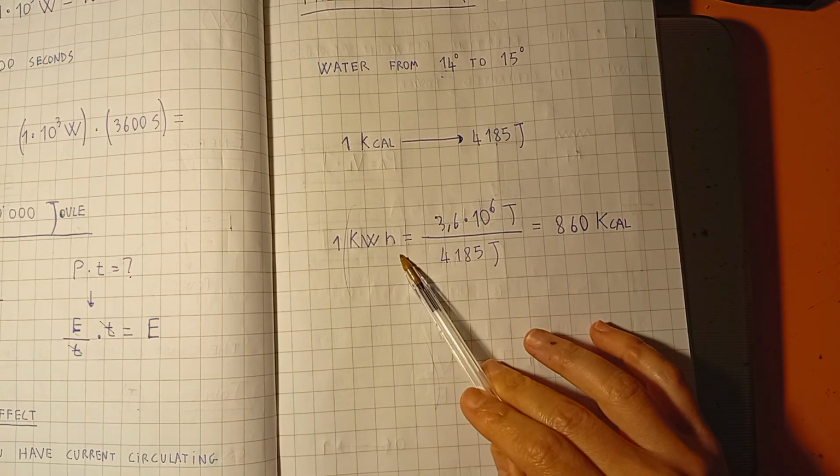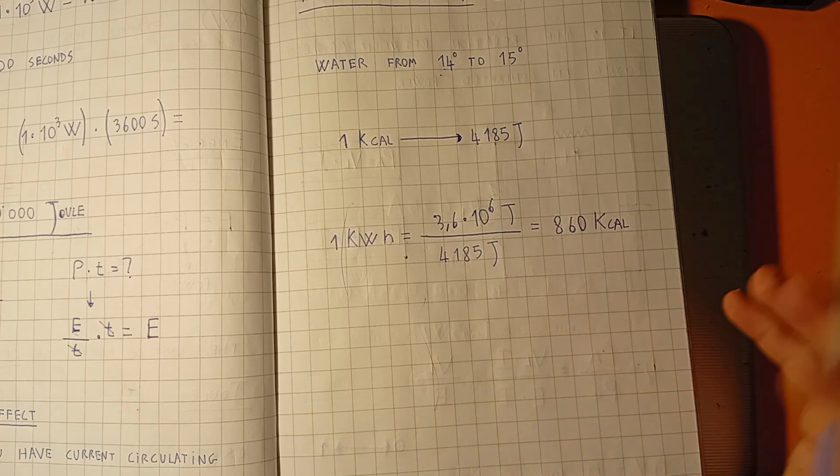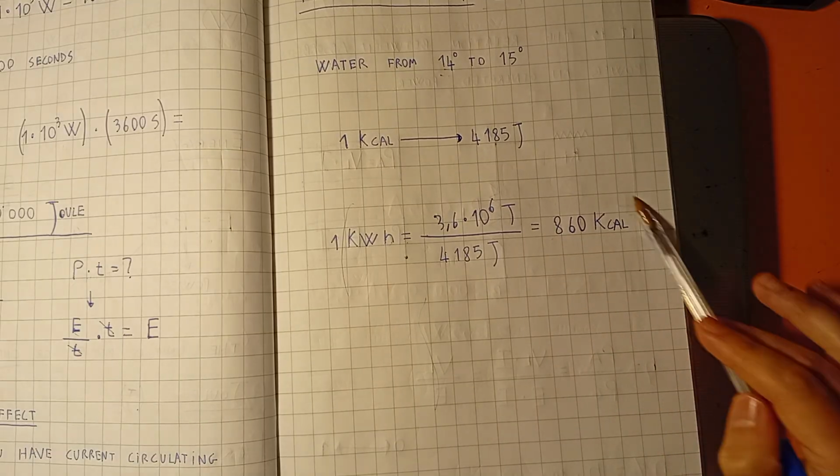So 1 kilowatt hour is equal to 860 kilocalorie. If you want to make this comparison, 1 kilowatt hour is equal to 860 kilocalorie.